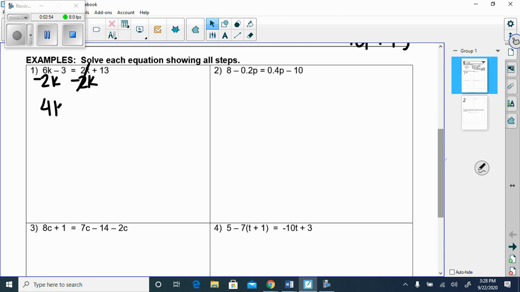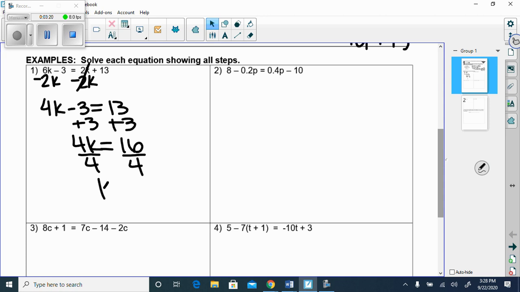So I have 4k minus 3 equals 13. 6 minus 2 is 4. So what do I need to do next? 13 plus 3 is 16, good. And we do get 4.